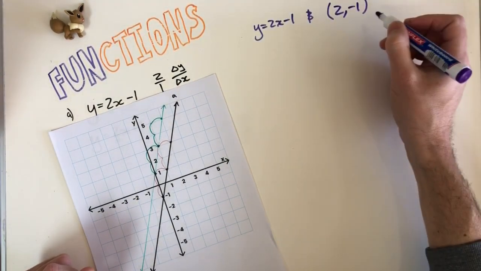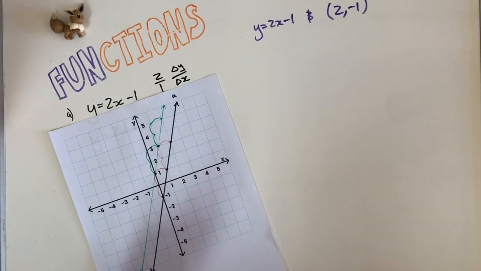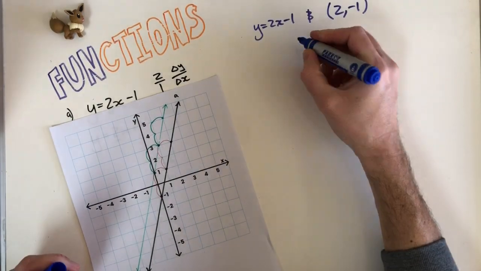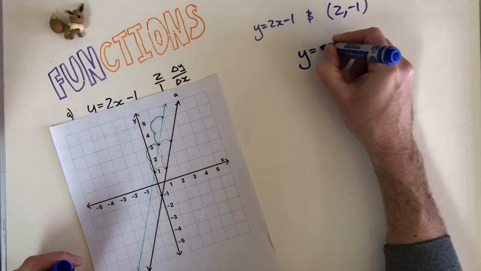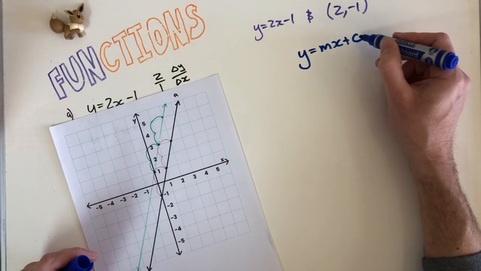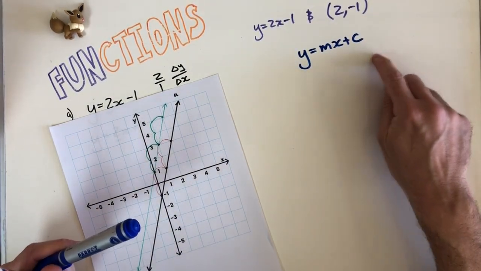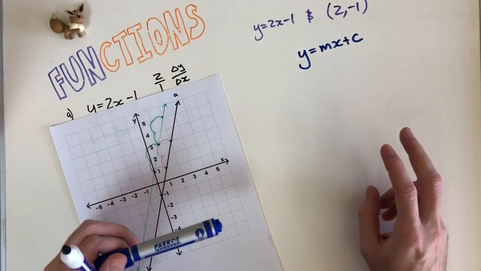So if I had to write the standard form, let's write it quickly. y is equal to mx plus c. As I said before, sometimes this is b, but it doesn't really matter. It's just a variable. So this is the equation that they want.